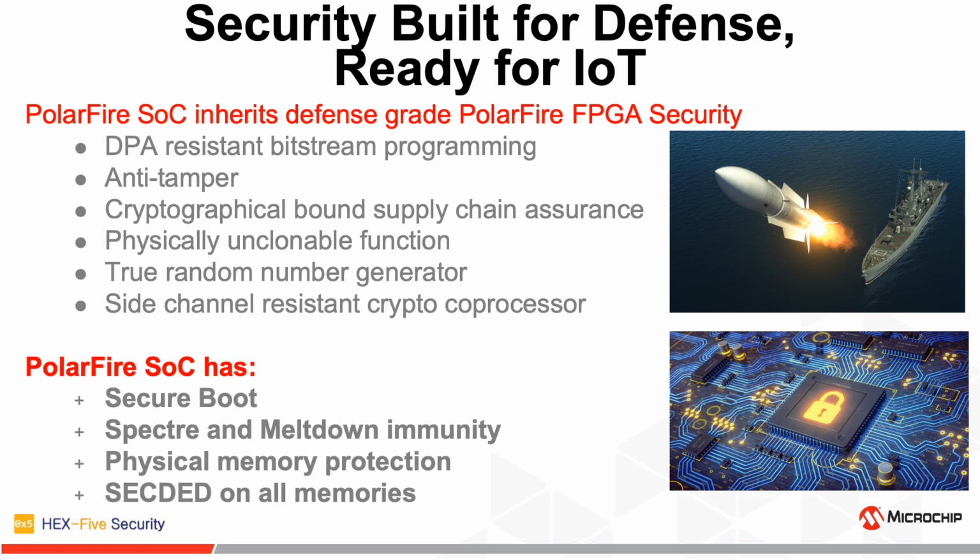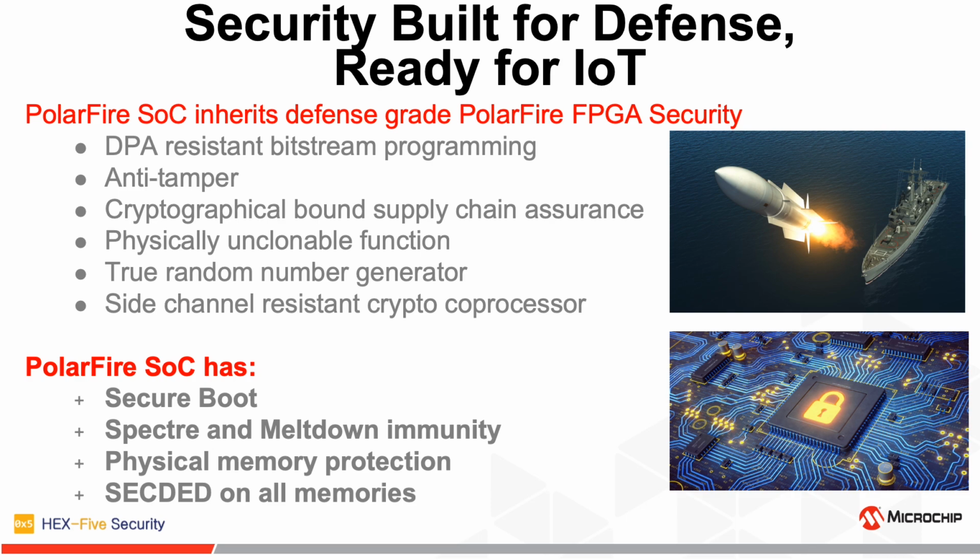We integrate a physically unclonable function, which is kind of like a silicon fingerprint. It's kind of the ultimate in key storage. Only the chip knows the key, so it can be a root key for building up key trees and higher level protocols. And the good thing about that is, only the chip knows. No humans know. And usually humans are the weakest link in any kind of security process, function, or method.